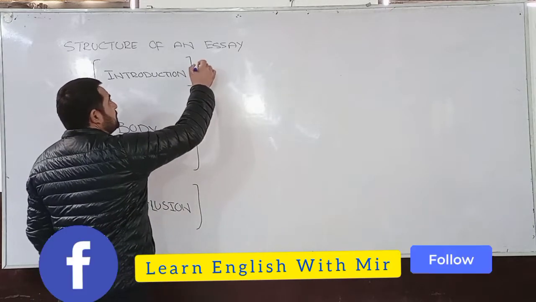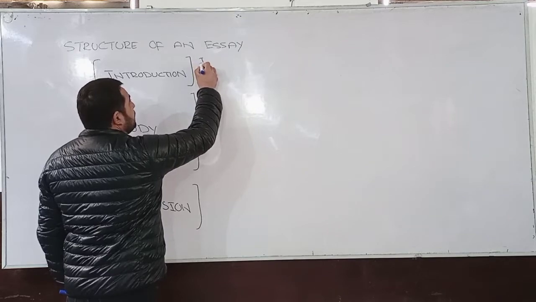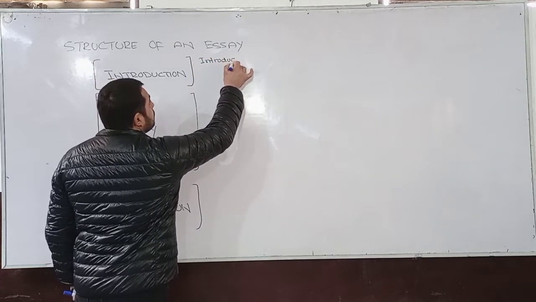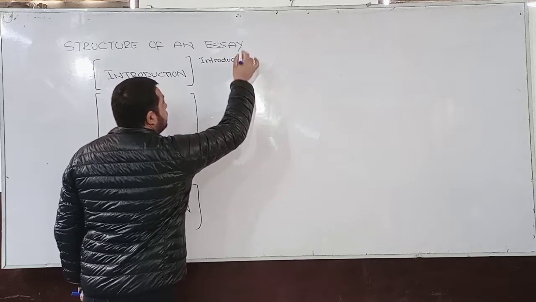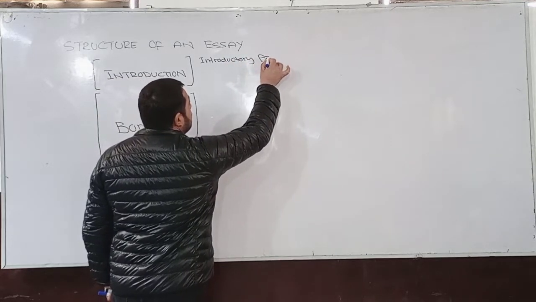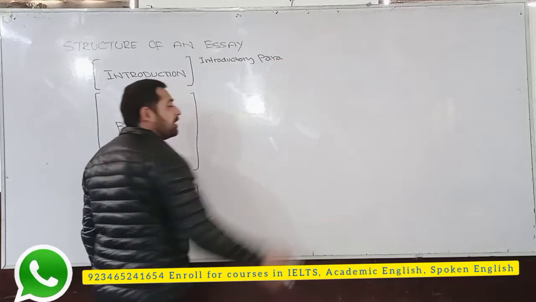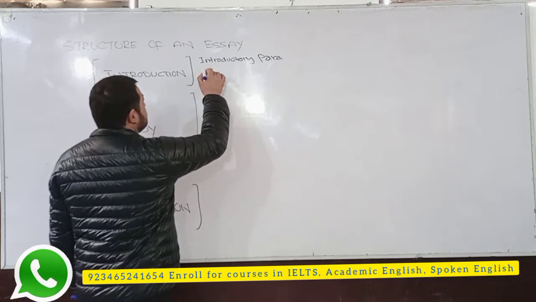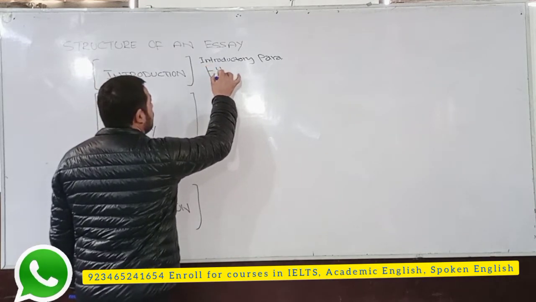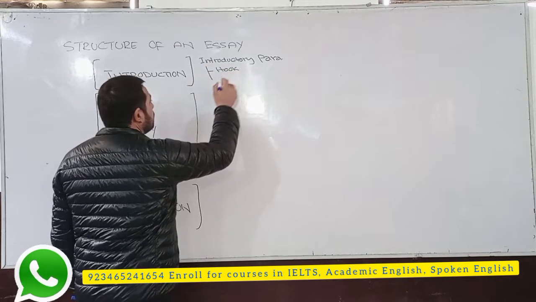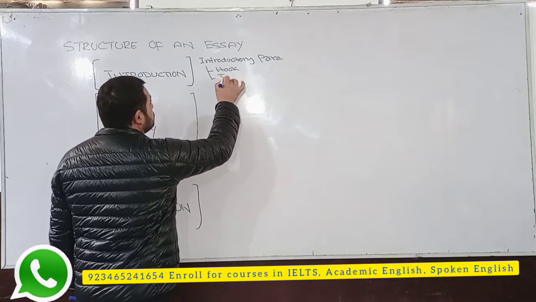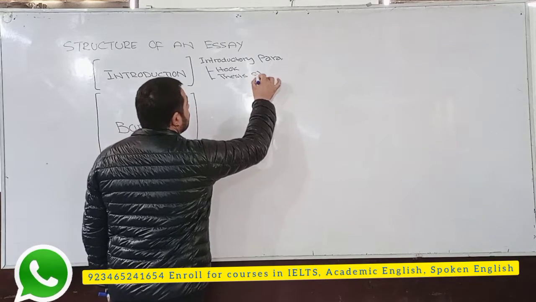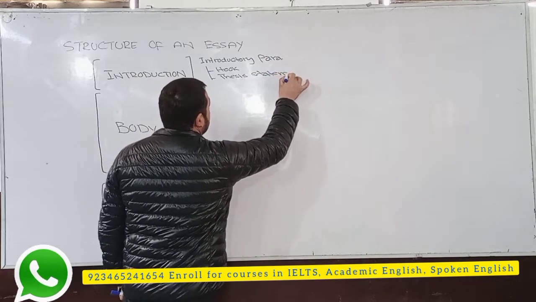In the introductory para, let me label it as the introductory para. Now, para here stands for paragraph. What are you supposed to do? You are supposed to use a hook, and you are supposed to use a thesis statement.